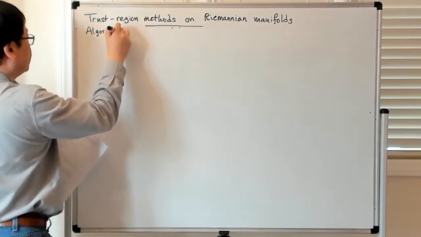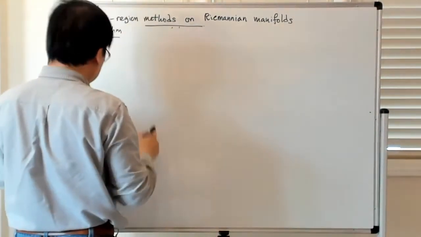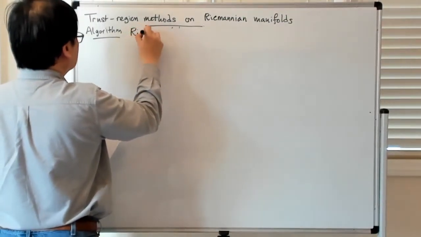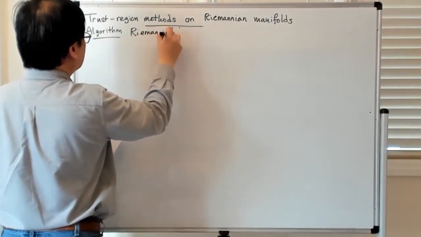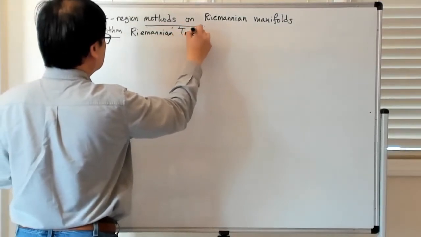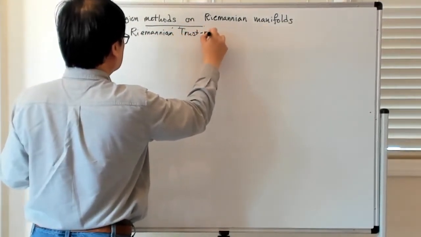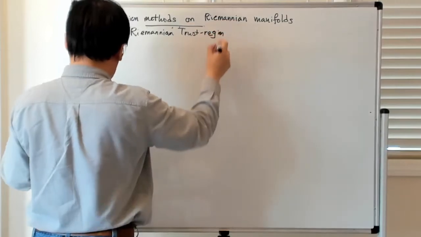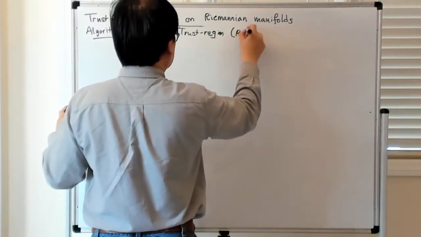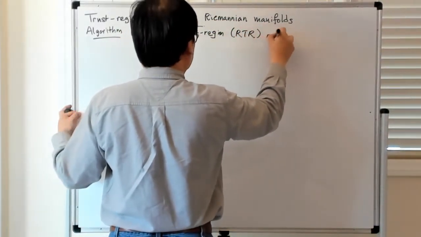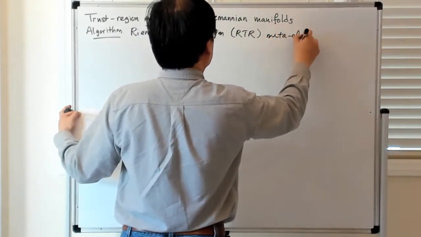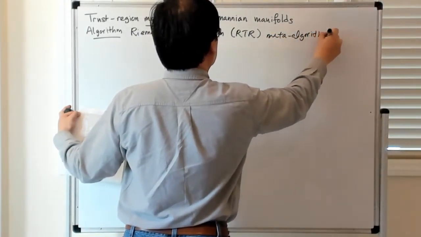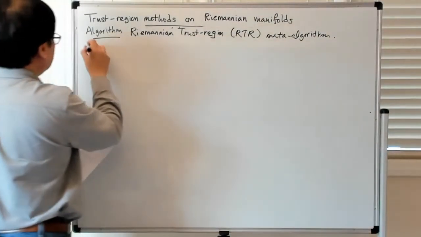So this is the algorithm for the Riemannian trust region, the RTR meta algorithm. Okay, so you require the following.